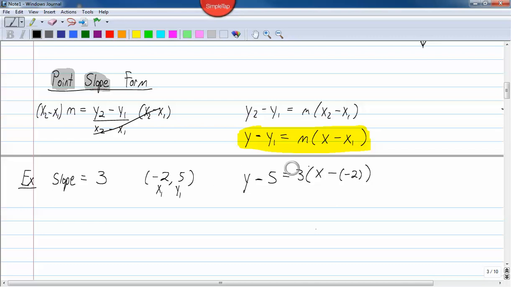Alright, anywhere I have minus a negative, I put plus. So this is y minus 5 equals 3 times x plus 2. Alright, so this right here, that is in point-slope form. You don't multiply anything out, you leave it just like that. So if the problem that you're working asks for point-slope form, that's how you want to leave it.